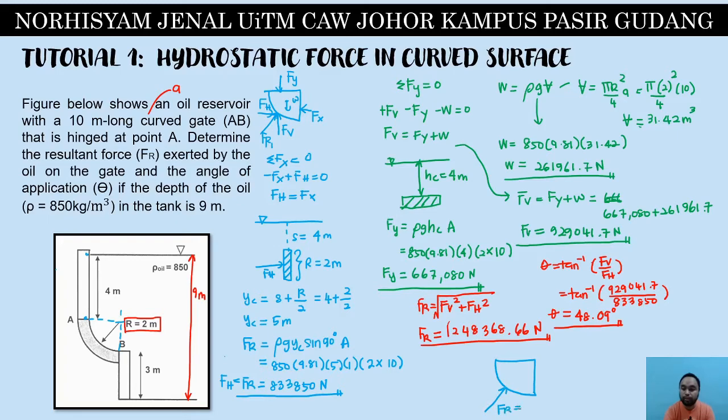Fr should be equal to 1,248,368 Newton, and the Fh should be here, and the angle theta should be here. Okay, so that covers tutorial number 1, hydrostatic force in curved surface.